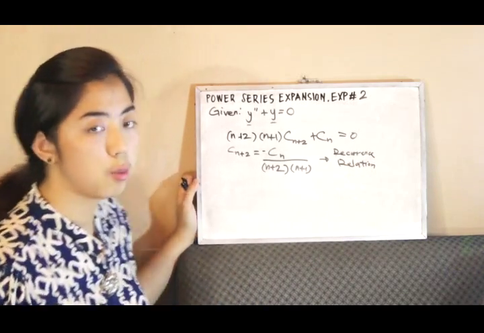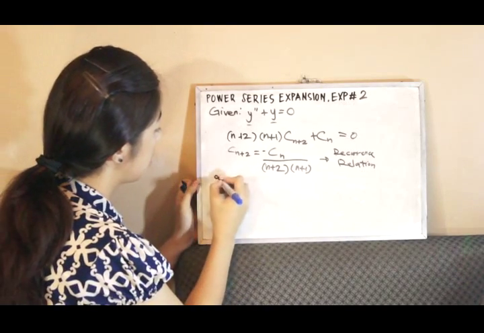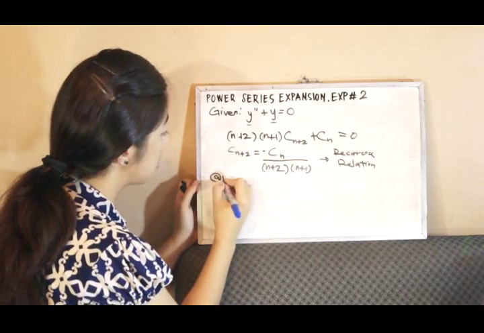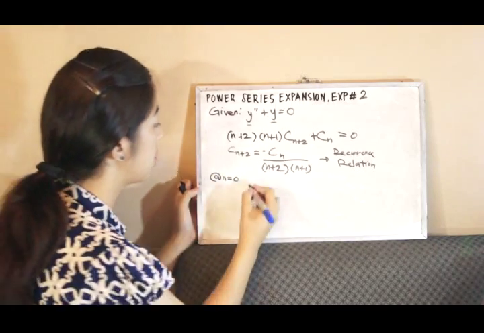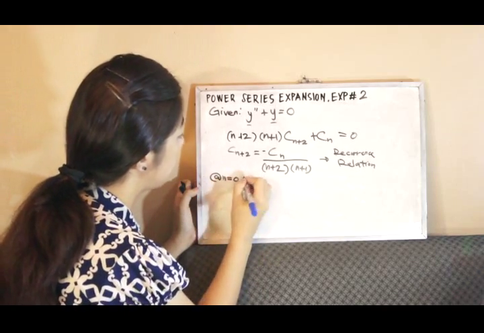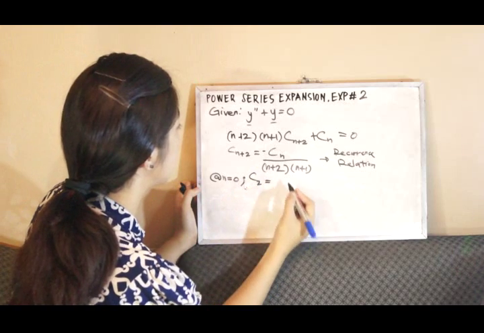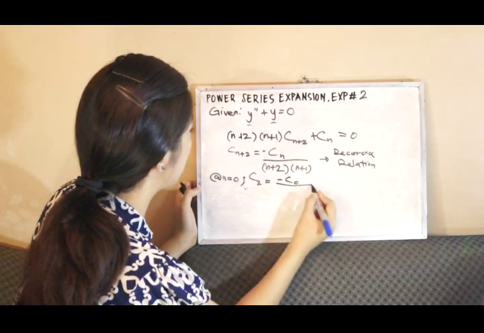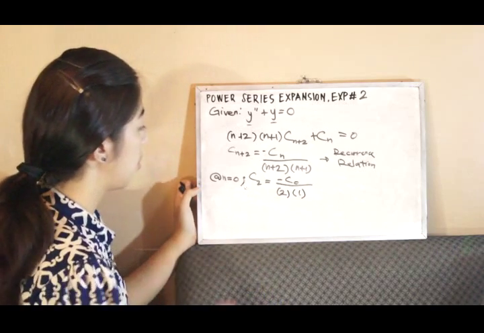So now we could substitute n values in determining the series expansion. So first we have n is equal to 0, so we have c sub 2 is equal to negative c sub 0 over 2 multiplied by 1.